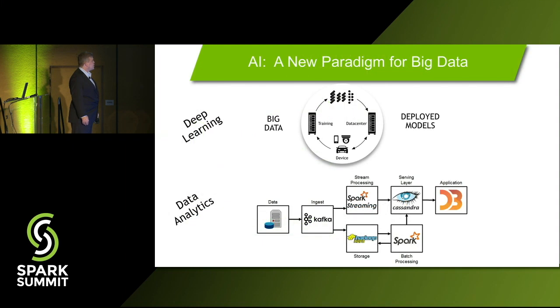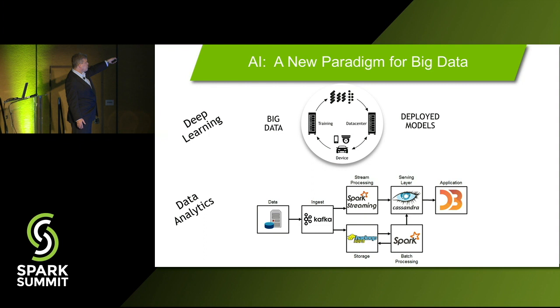That's the question. And so typically we talk about artificial intelligence and deep learning as really being a new paradigm for big data. Traditional data analytics, things that you would do with Spark or a proprietary architecture, you often talk about a Lambda architecture, so you have a streaming and a batch processing branch, and you're doing historical data analytics on the big data that you store, let's say in your Hadoop data lake.